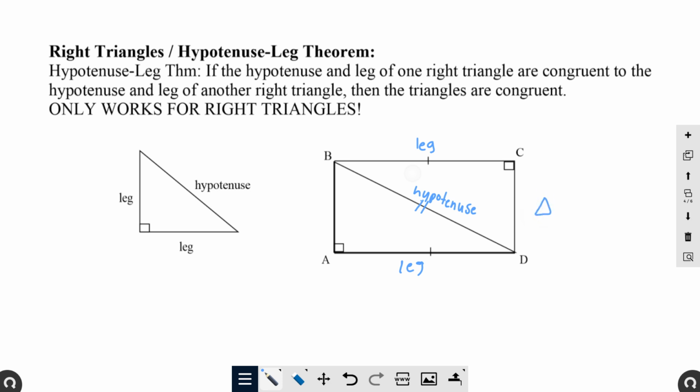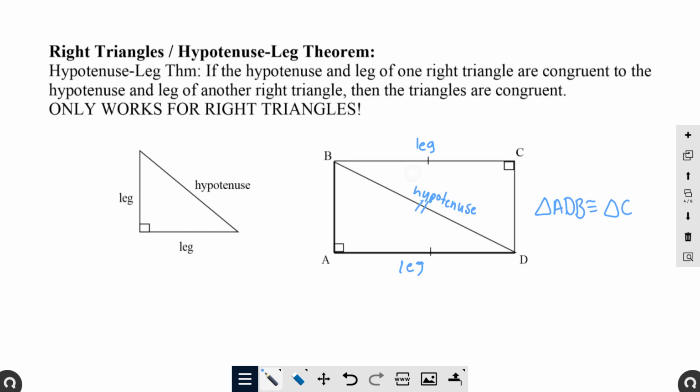So let's write our congruence statement. I'm going to call the first one ADB. Now, think about how I named this one. I started at the right angle. So what's the right angle in this other triangle? C. And then I went from A to D, so I went down the leg that was marked congruent.